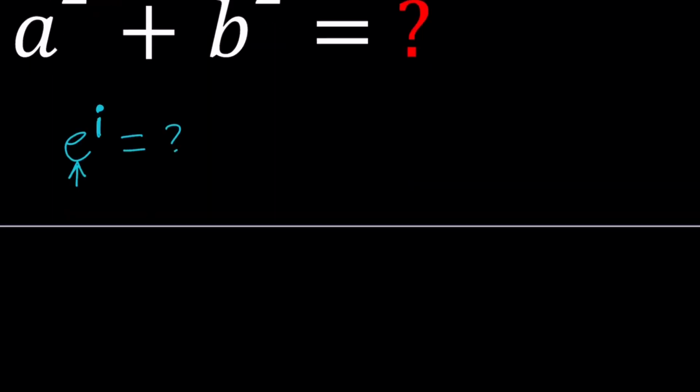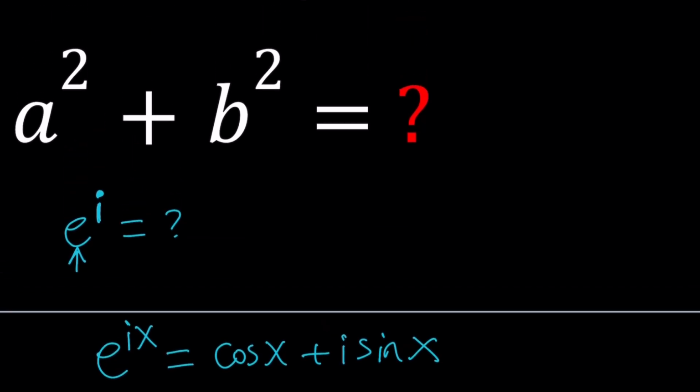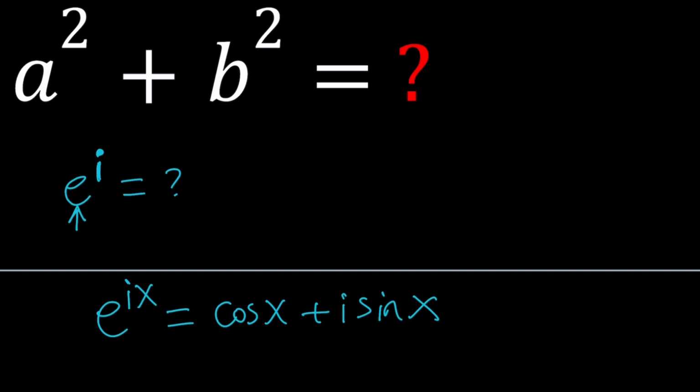So we're going to use Euler's identity, which is e to the power ix equals cosine x plus i sine x. So whenever you have something like e to the power ix, you can basically write it as a complex number in standard form. You can talk about rotation, vectors, and so on. There's a lot of good stories. But here's the thing. How do you compare this to e to the power i?